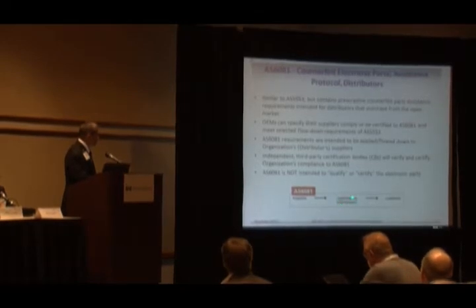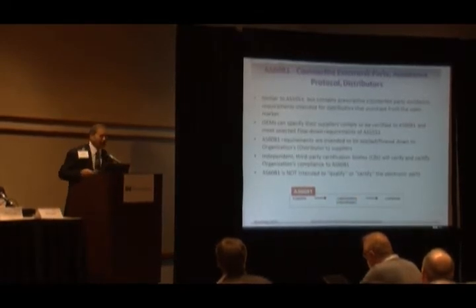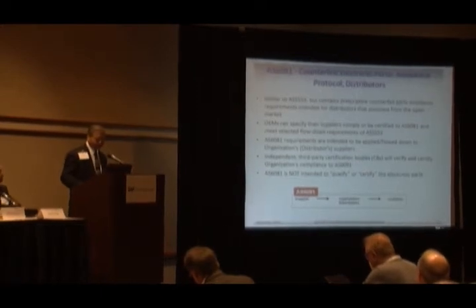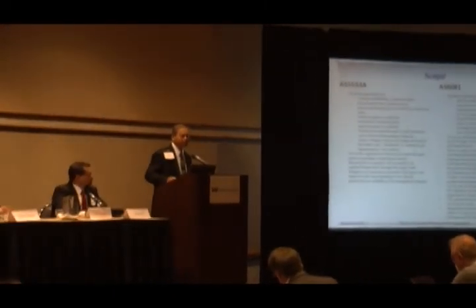One of the important things that we started to get a little confused with, because again we started with 5553 and adapted it for use by distributors, is that we had to adopt this little graphic just to make sure that people know that when you see the term organization in the document, we're talking about the distributor who has a relationship with the customer and the supplier.